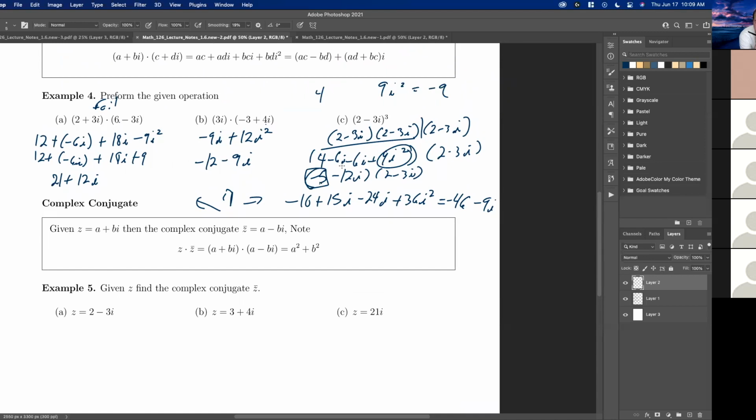Shouldn't it be a 4? No, so hold on. This i squared makes this, so it'll be 4 minus 9, which equals minus 5. Okay, does that make sense? I think so. Yeah, it makes sense. Okay, good.